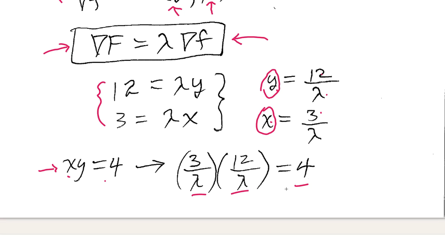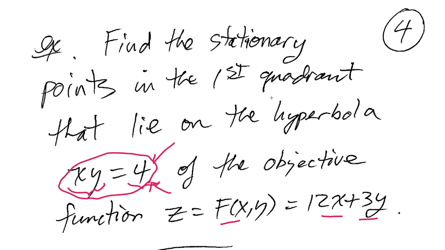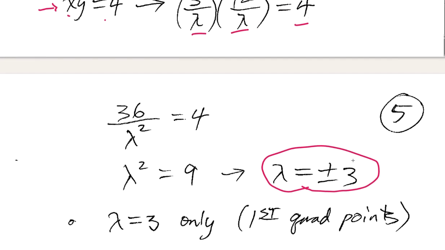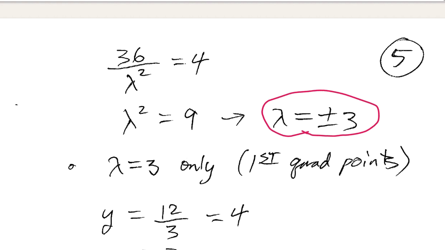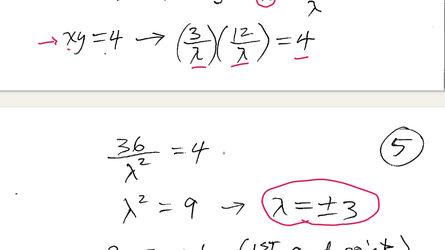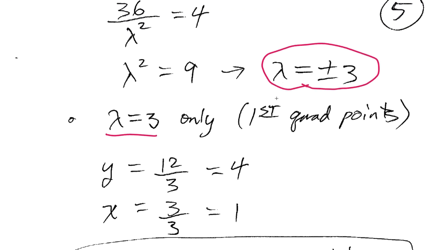Oh, here's one thing I forgot to mention here. Find the stationary points in the first quadrant. Because if I come back here and let lambda be a negative number, well, let's go through this. Let's say lambda is 3, okay? Then substituting in our formulas for x and y, we would get x is 1 and y is 4.